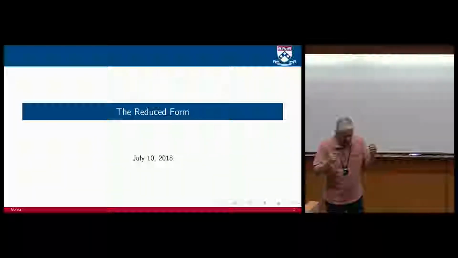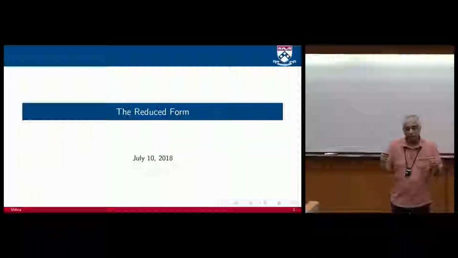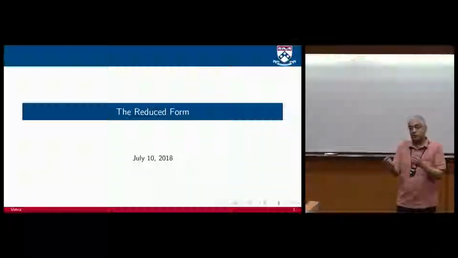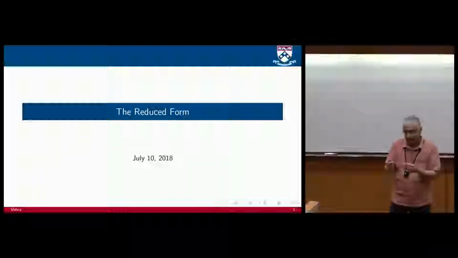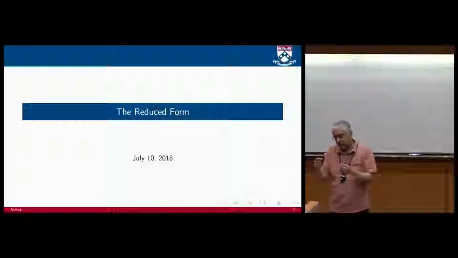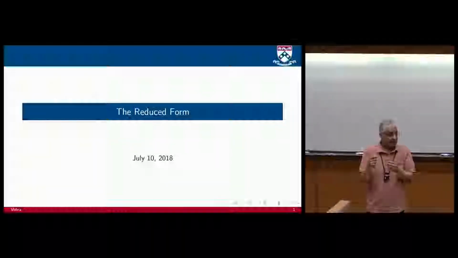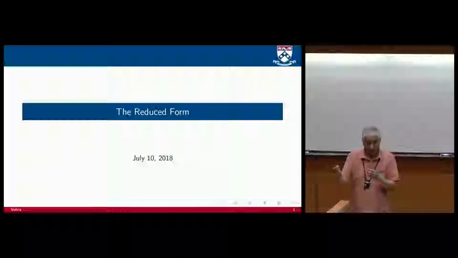You have a set of arms or projects. I'll use the word project and then eventually switch over to calling them agents. Now, each of these projects has associated with it a number of possible states it can be in, and every state has an associated reward.